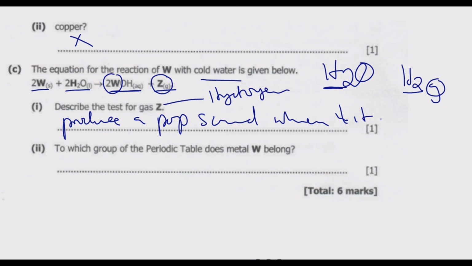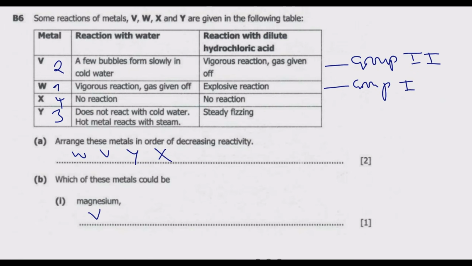Then Roman numeral 2 of C, to which group of the periodic table does metal W belong? We have already identified the one which reacts vigorously with cold water. This should be a group 1 element.